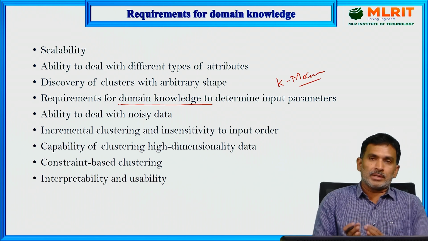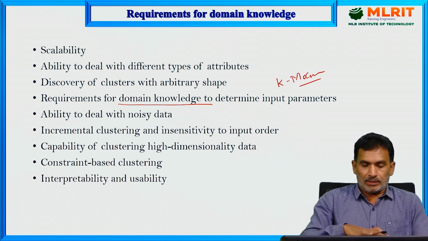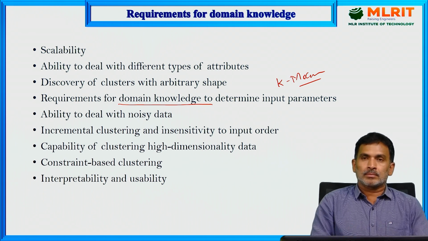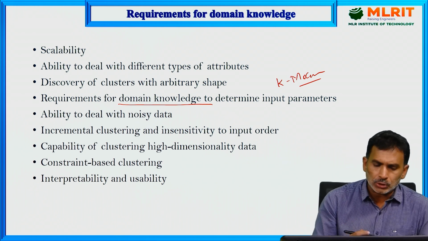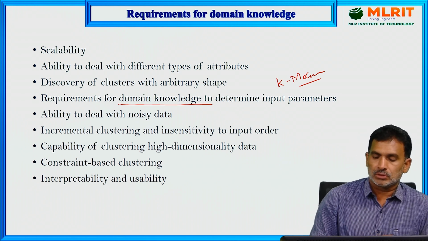We use different parameters for each algorithm, so we need a complete understanding of those parameters. That is one of the main requirements, to have the domain knowledge to determine the parameters.